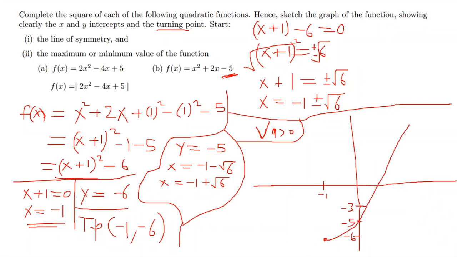It will go up like that, and then cut the x-axis at the x-intercept. At this point is where my -1 minus the root of 6 is, and at this other point is where my -1 plus the root of 6 is. So this is basically how you do your sketching.